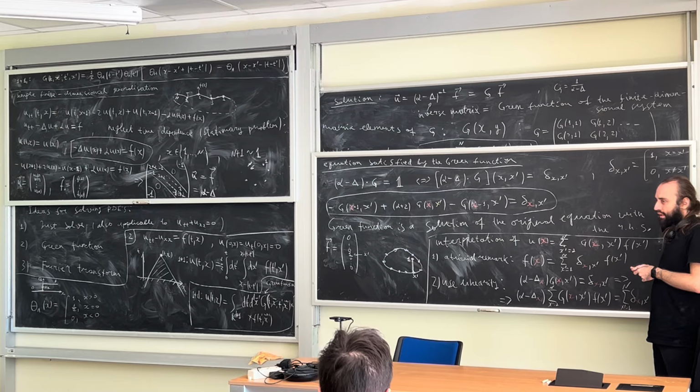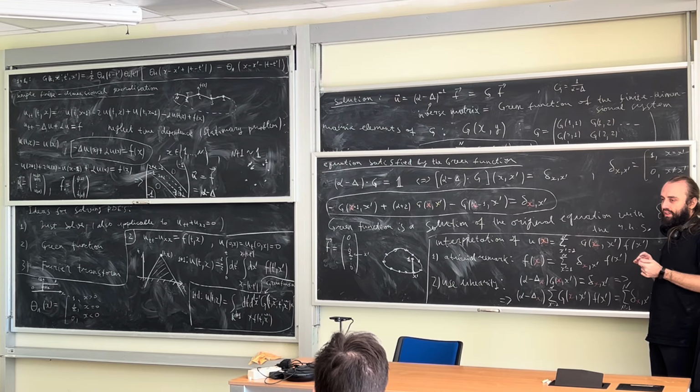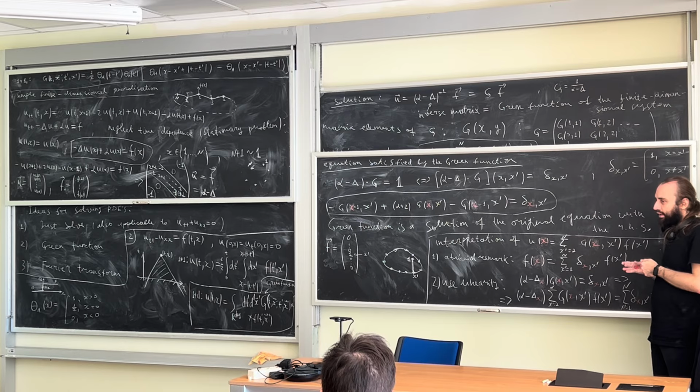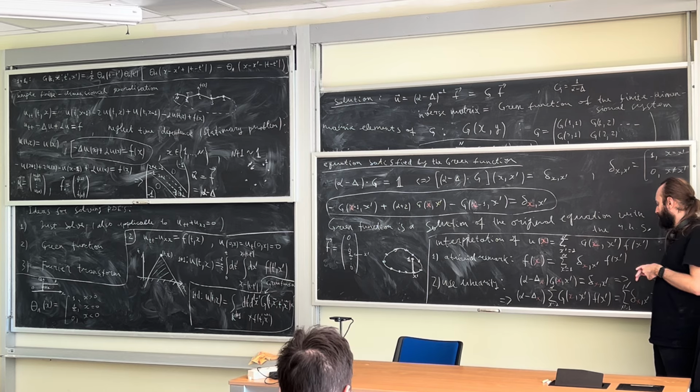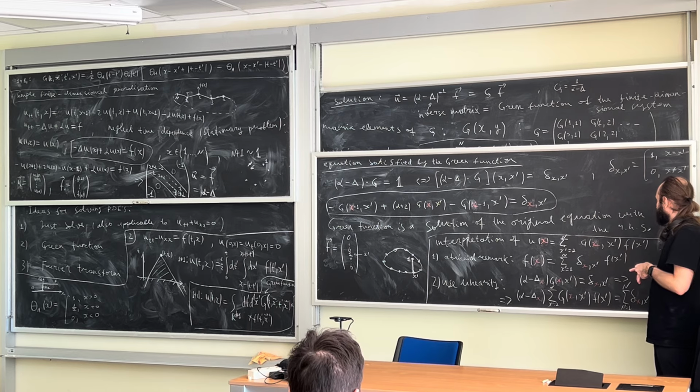So, are there any questions about this, or is it completely clear or unclear? What property are you trying to show about the Green's function of this discretization?